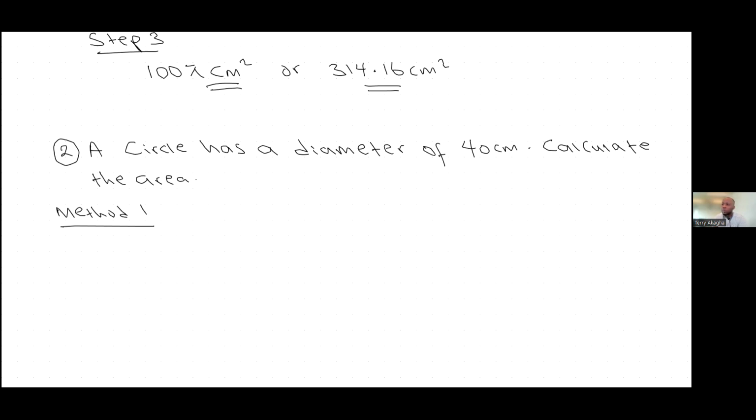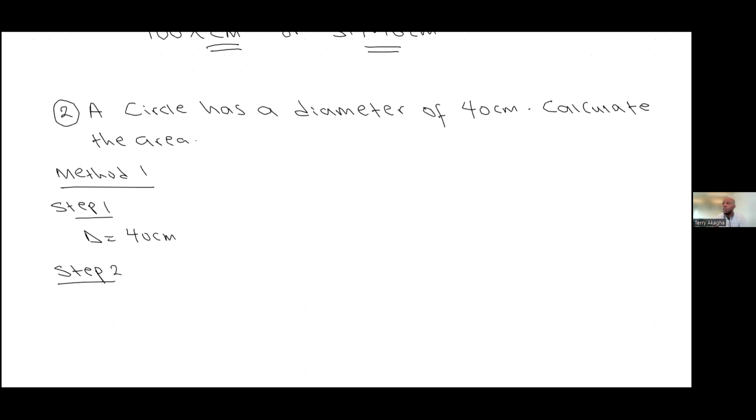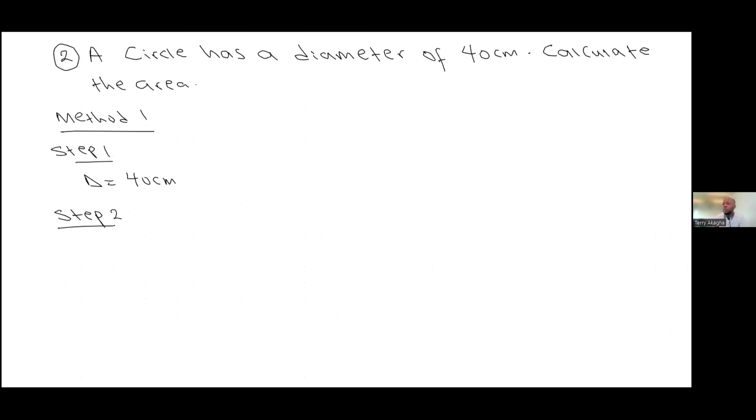All right, so step one, in this case, we have d equal to 40 centimeter. Then step two, we use the appropriate formula. In this case, the appropriate formula is the area of a circle. The area of the circle is equal to pi d squared divided by what? 4.